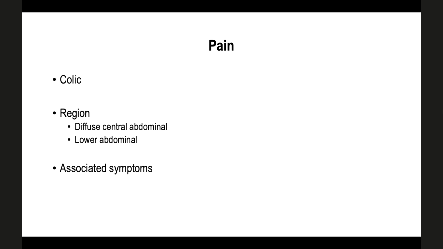Hindgut. Hindgut is felt in the pelvis or lower abdomen. Now, can you tell me what the demarcation between what area of the intestine is encompassed in the midgut and what area is encompassed in the hindgut?